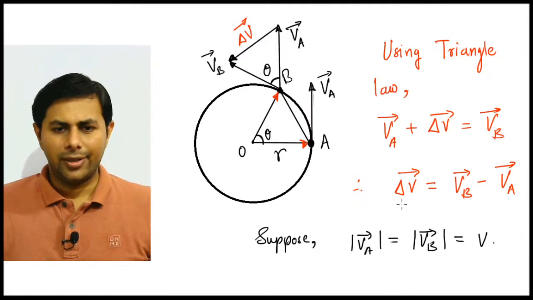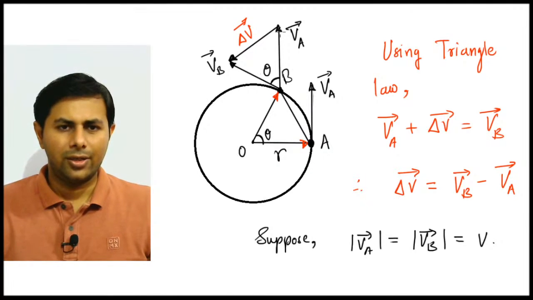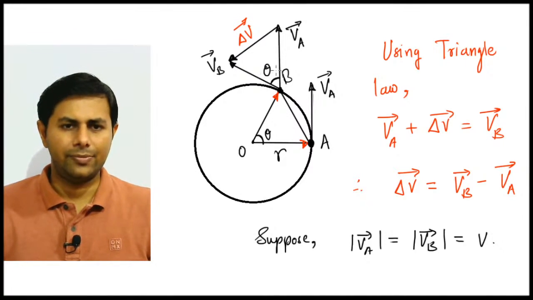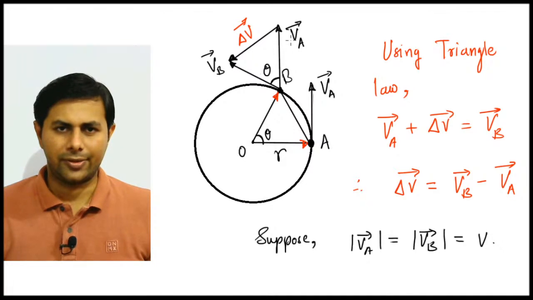Okay, and since the object is moving in uniform circular motion, the magnitude of VA bar and magnitude of VB bar is equal. So this side is same as that of this side, length is same. So by SAS test, we can say that these two triangles are similar.